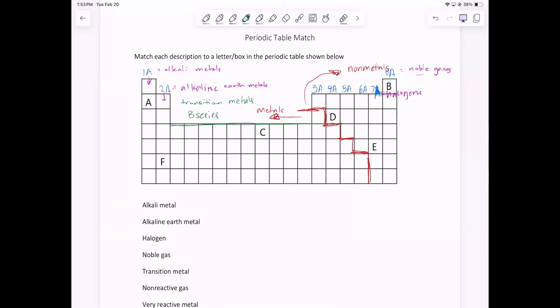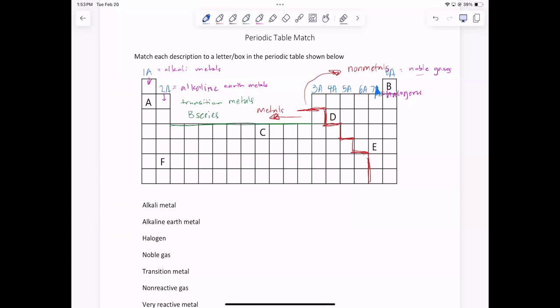It's arranged this way with these spaces and gaps on purpose so that all of the boxes in a vertical column are a family. And a family is elements that have similar chemical and physical properties.